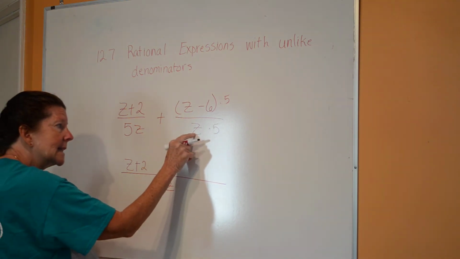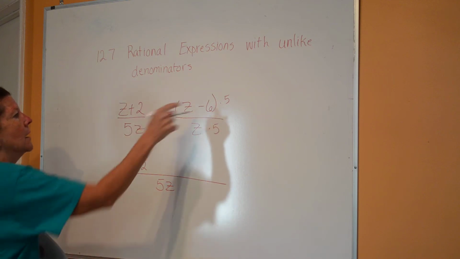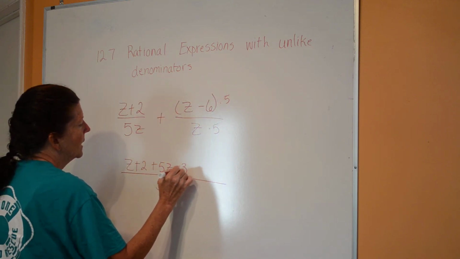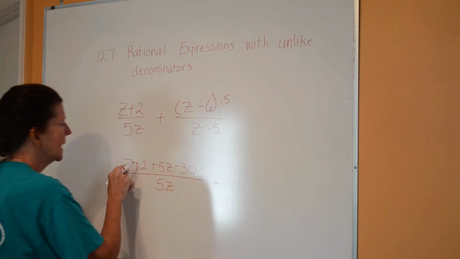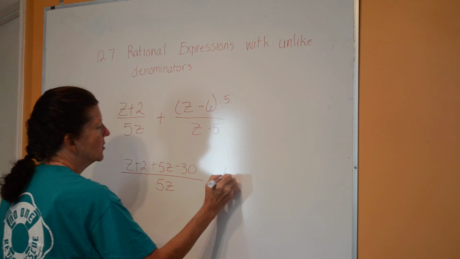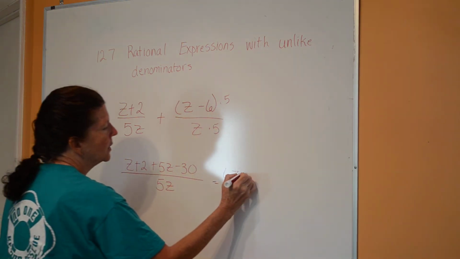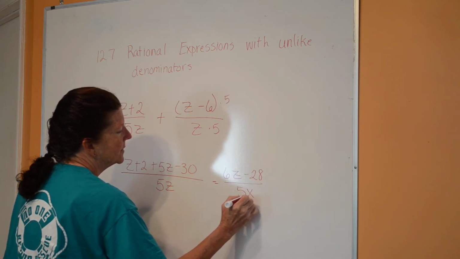So that's how I take the z and make it into 5z as I multiply. Got to do distributive property here, so it's 5z minus 30. So when I combine like terms, I get z plus 5z, which is 6z, and I get 2 minus 30, which is minus 28 over 5z.